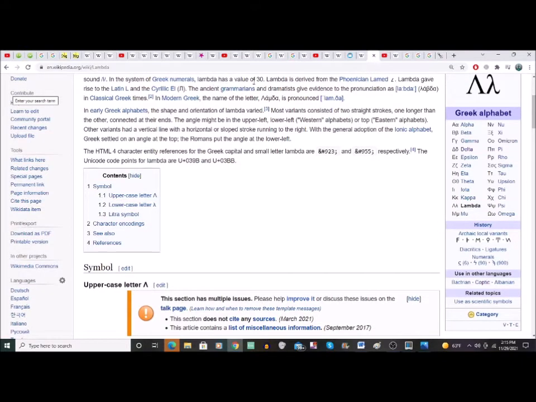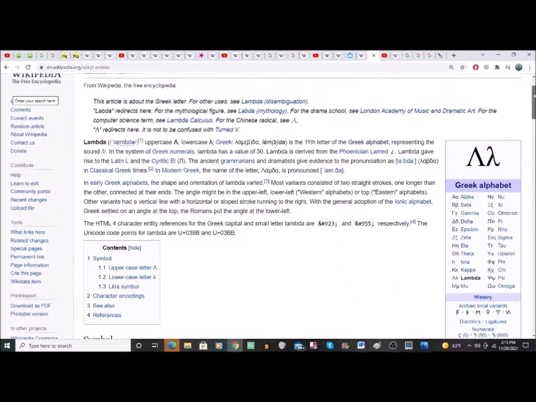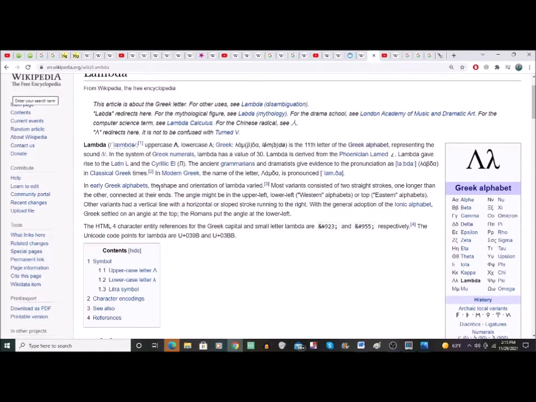Okay, so lambda has a value of 30, and it's the 11th letter of the Greek alphabet. So we've got 1130 right in the dollar bill, okay, on that fold line.